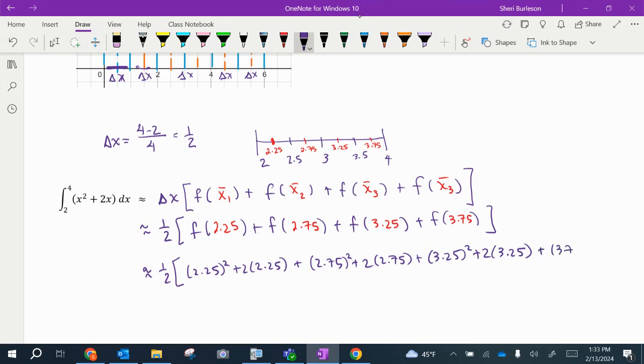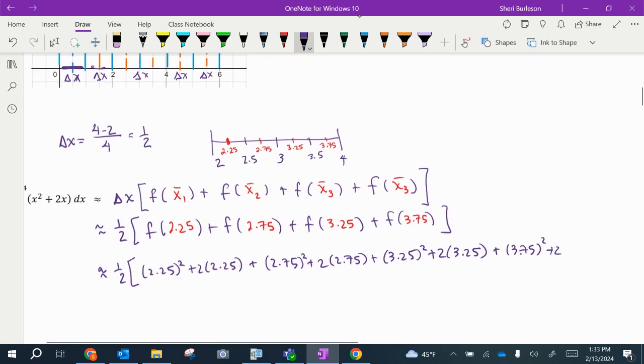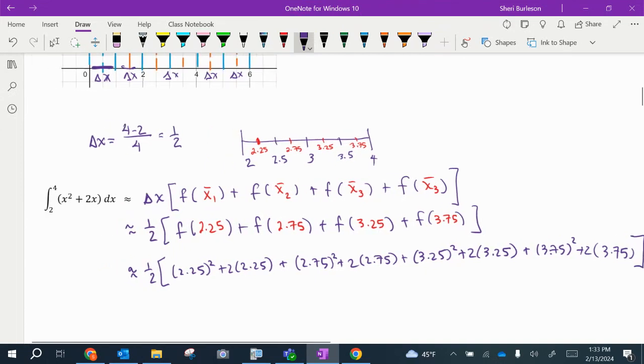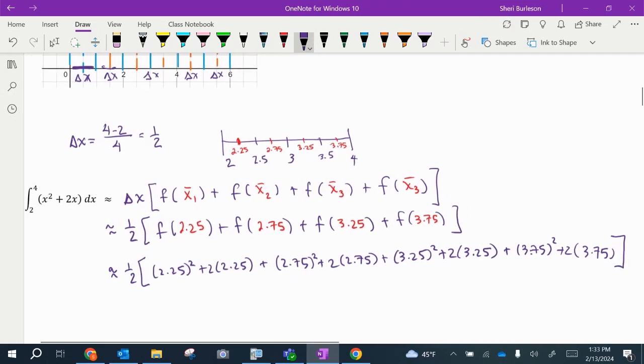And 3.75 squared plus 2 times 3.75. So I have that whole calculation. At this point, if you were on the AP exam, you could leave it like this.